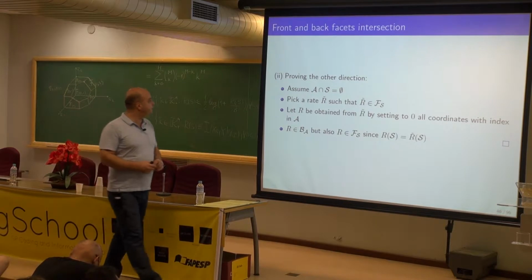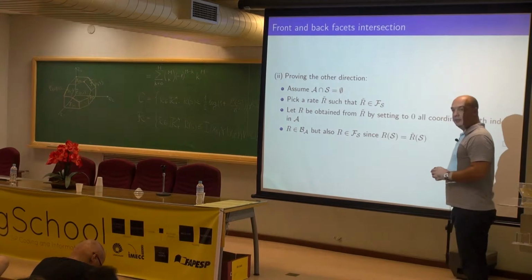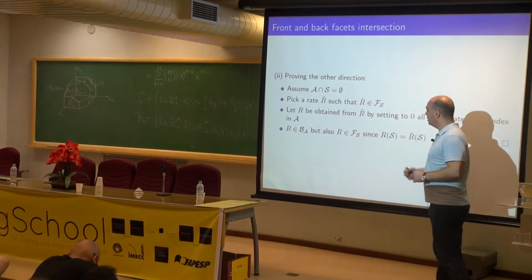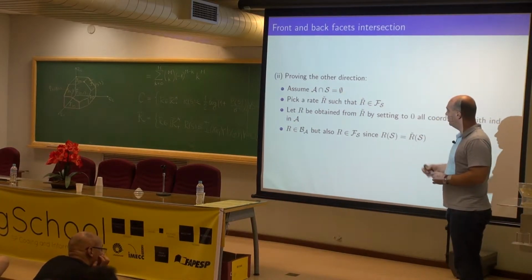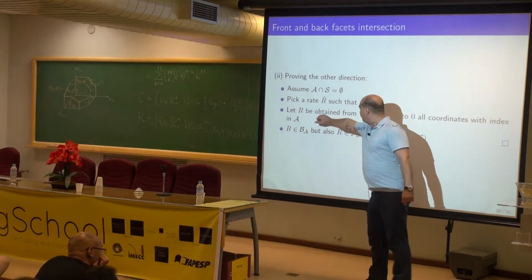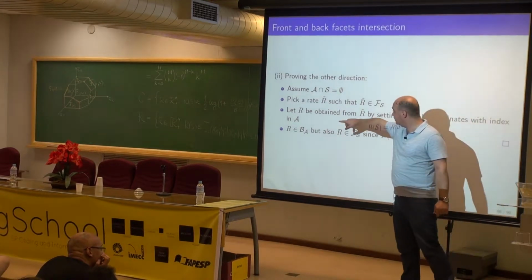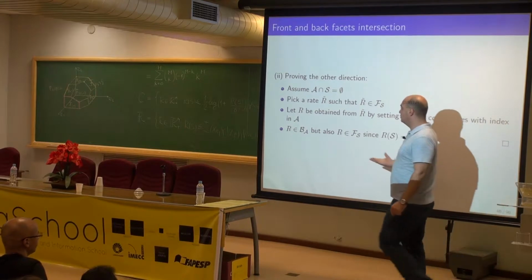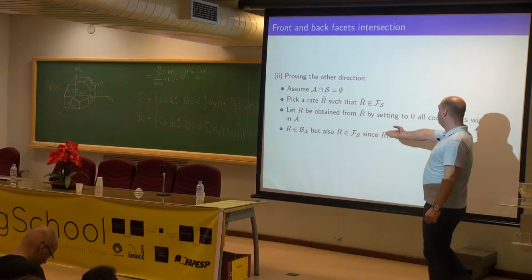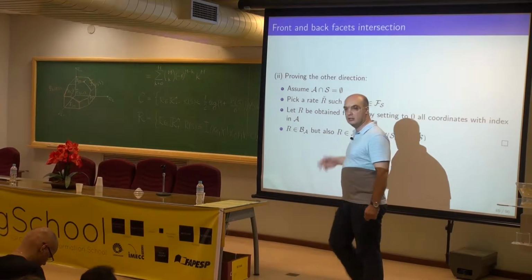For the other direction, now we assume that there are no common elements between A and S, and then we pick some rate R tilde in the front facet that is labeled by the same S, and let some rate R be obtained from this R tilde by setting to 0 all these coordinates that are in A. In that case, R will belong to the back facet A because we set all those coordinates to 0, but also R belongs to F_S because these rates are equal, and we didn't change anything by setting this element to 0.